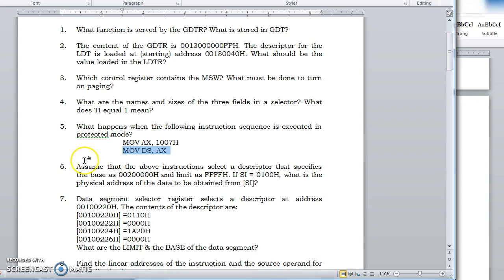Okay, let us continue with number 6. Assume that the above instructions select a descriptor that specifies the base as 00200000H and the limit as FFFH. If SI is equal to 0100H, what is the physical address of the data to be obtained from SI? So we want to find the physical address for the data to be obtained from SI.